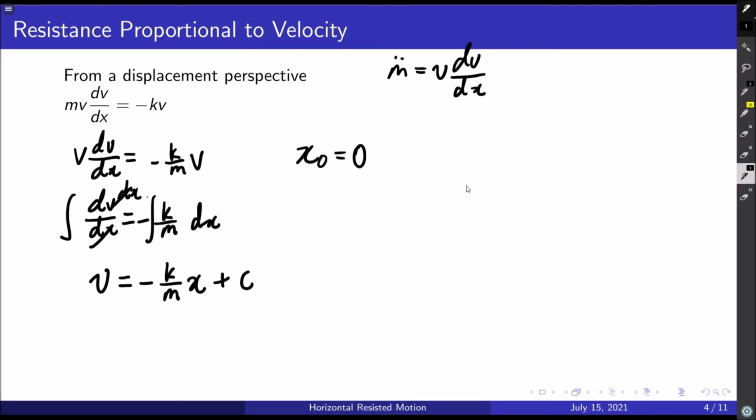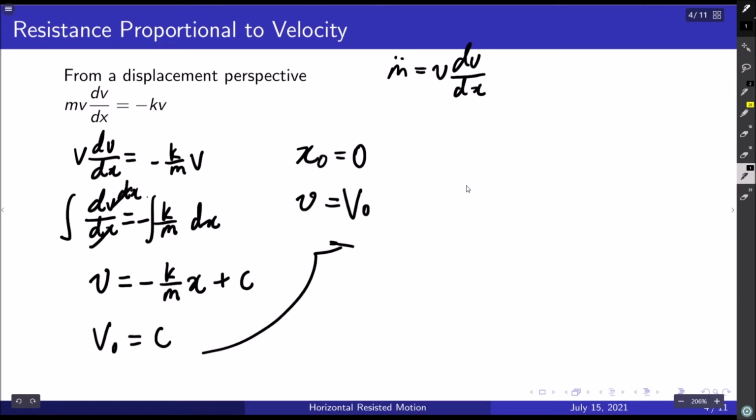So here v equals negative k over m x plus c. We know that when displacement is 0, at the initial place, v equals whatever the initial velocity is. So v0 equals basically c.